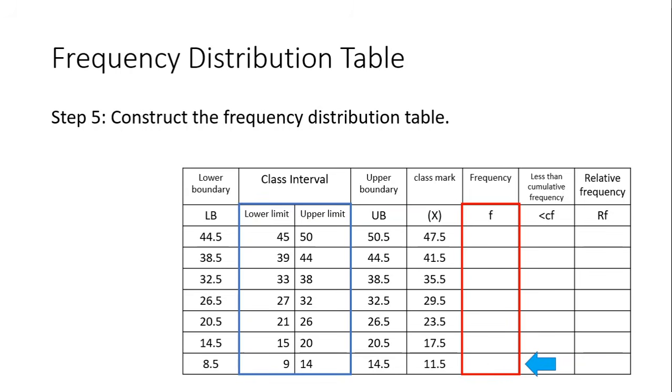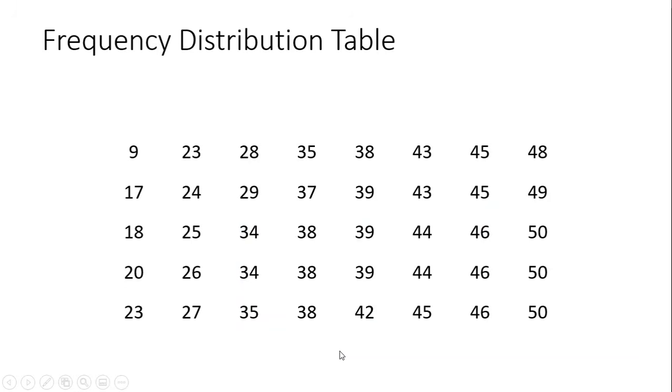And that's the reason why I have stated a while back that your class interval represents groups. Okay, so in here, let's look at the range 9 to 14. So from 9, the lowest, to 14, the highest, among the given data, how many numbers would fall within that particular range?